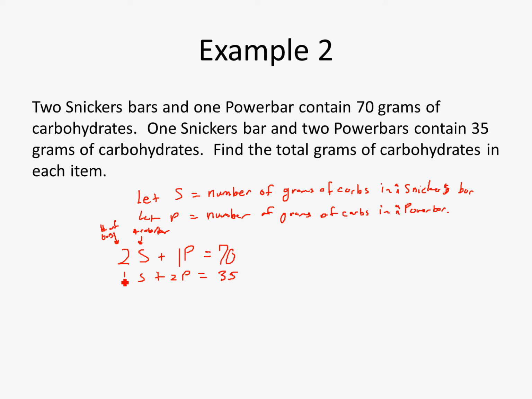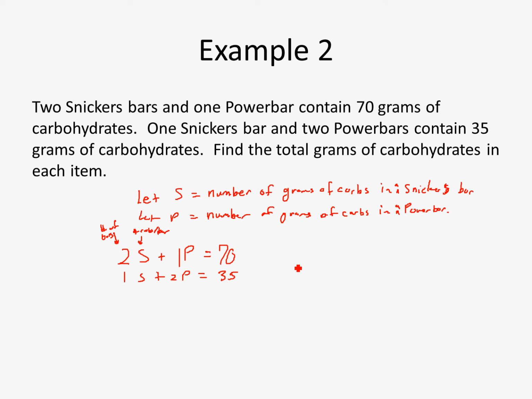Now, unfortunately, if I add them, nothing will cancel. So I have to multiply one of them by something, at least. In this case, I can just multiply one equation by something, because this is already a 1. I can multiply this by, say, -2, and then the power bars will cancel. But how about I multiply s by -2?